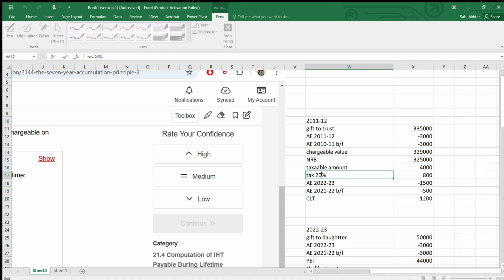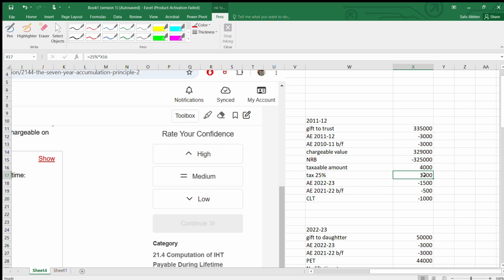If the donor is paying, it would be 25%. So 25% on 4,000 is 1,000.